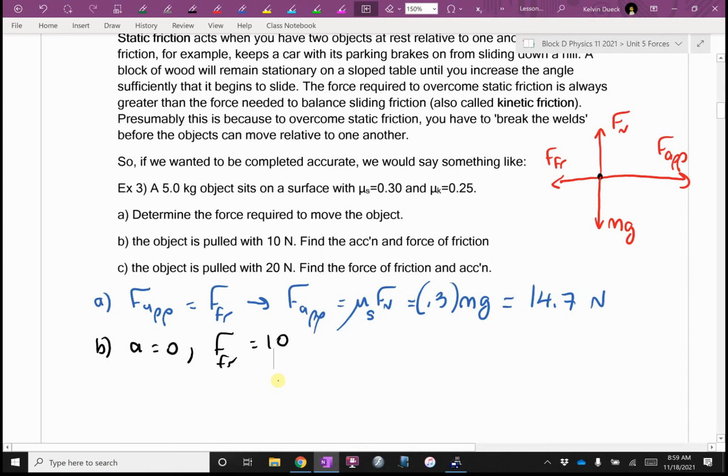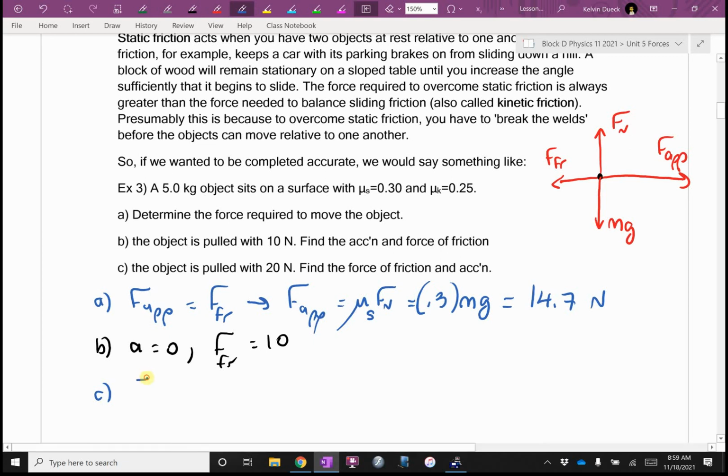How hard are we pulling in part C? So will it accelerate now? Okay. Completely different situation. Who's winning? Who's losing? Equals MA.